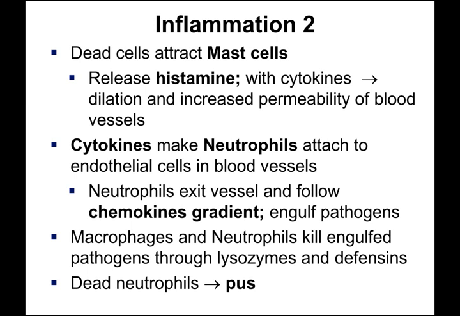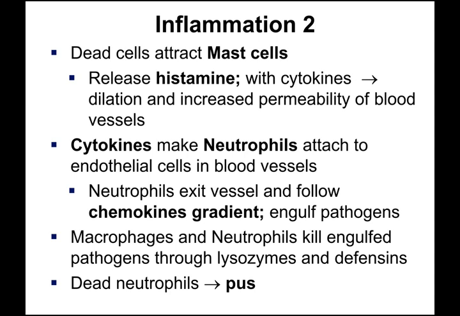Mast cells also release heparin. You don't want the formation of any clot in that area. You want the cells to be able to flow in there. So heparin prevents clotting. Together with that, now you have the cytokines produced before, and as we said before, they attract more immune cells, particularly neutrophils. They are circulating in your blood, and by doing that, they attract them.